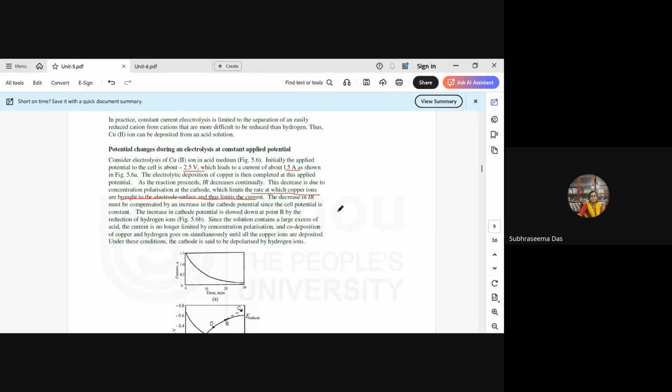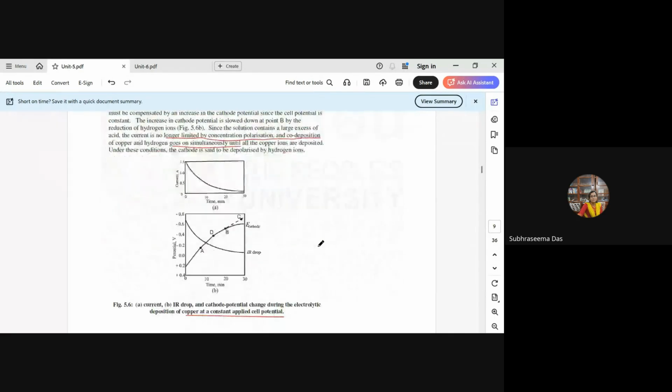The increase in cathode potential is slowed down at point B by the reduction of hydrogen ions. Since the solution contains a large excess of acid, the current is no longer limited by concentration polarization, and co-deposition of copper and hydrogen goes on simultaneously until all the copper ions are deposited.